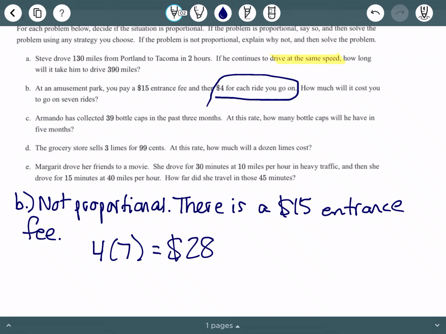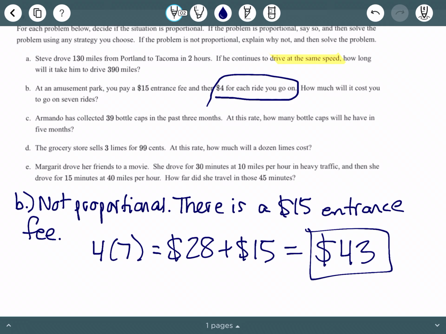So it costs us $28 for the ride charge, but then you have to remember that we have that entry fee of $15. So we have to do 28 plus 15. Again, that's $28 plus $15 for that entry fee, and it's going to be $43 total. So in this case, this one was a little more appropriate for using the unit rate.